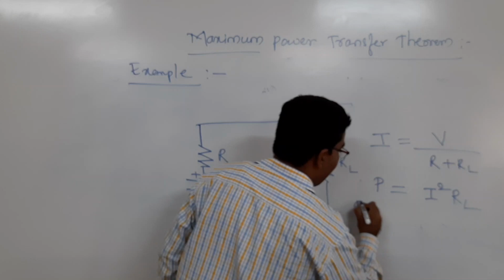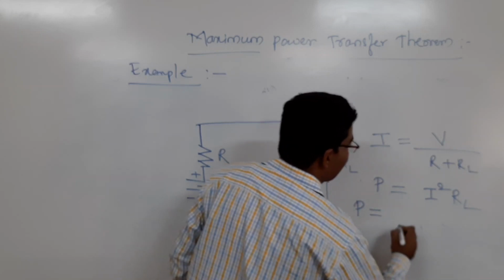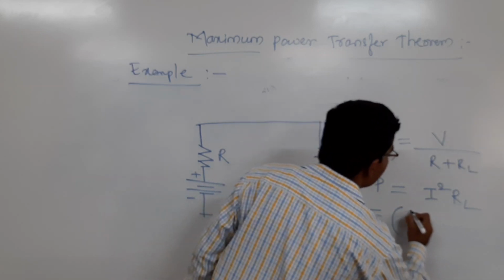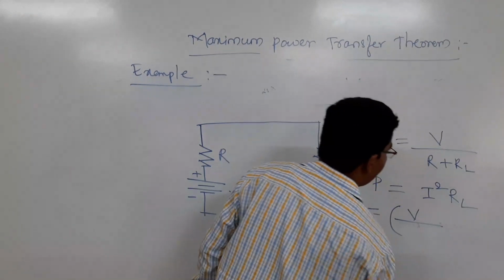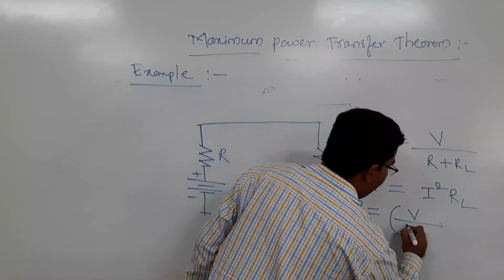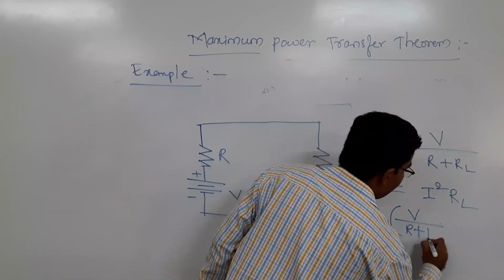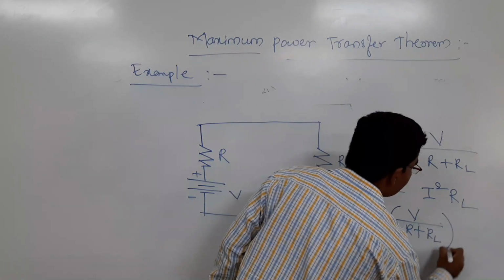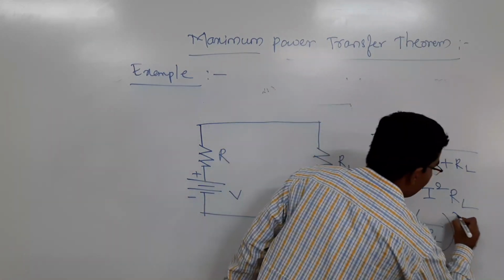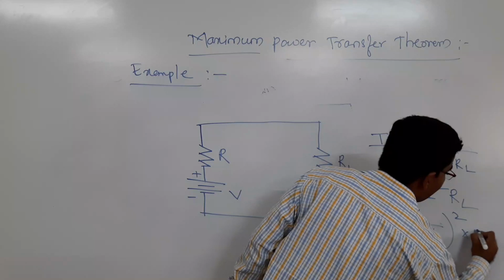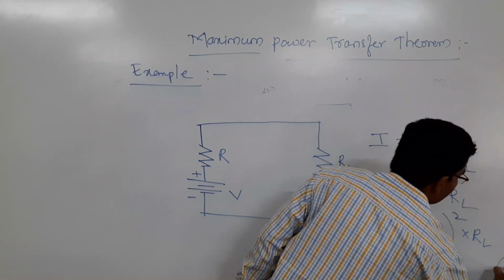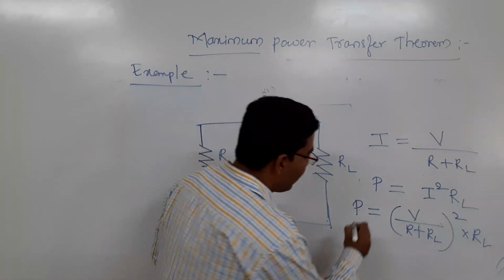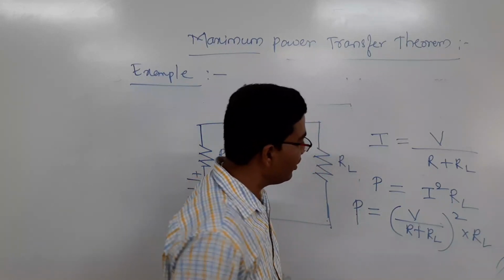Substituting the I value, I equals V divided by R plus RL, so P equals V squared into RL divided by (R plus RL) squared. So this is my formula for power.